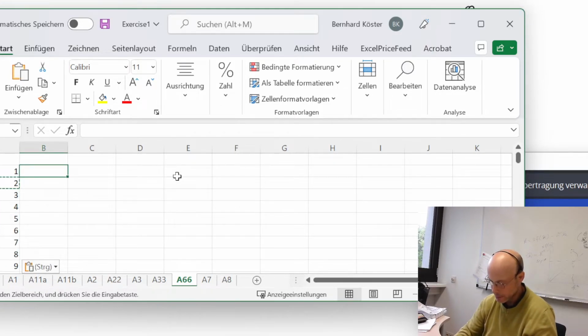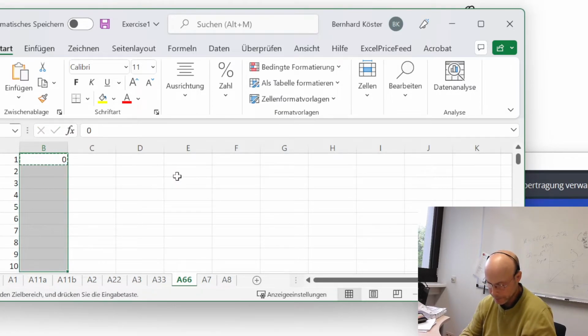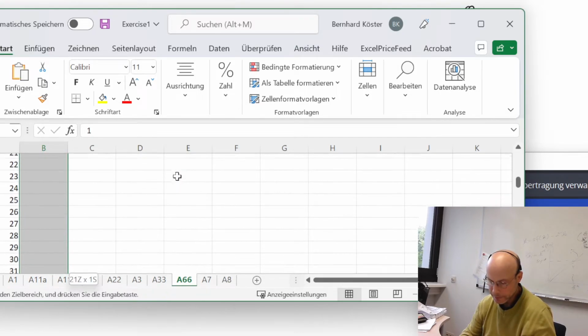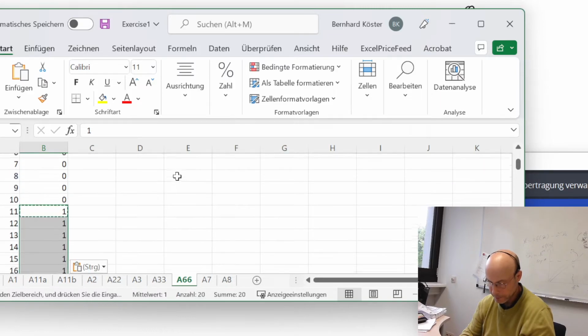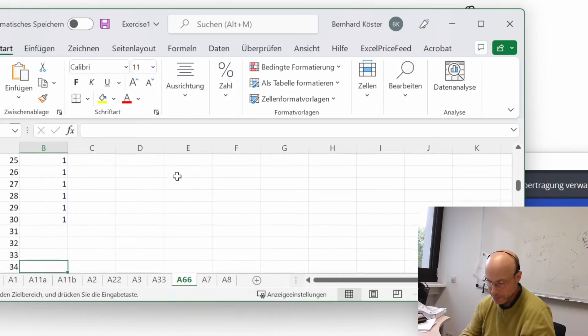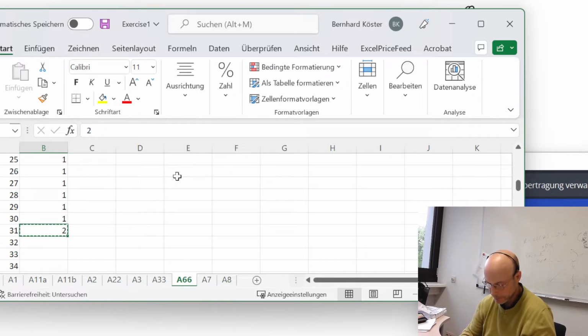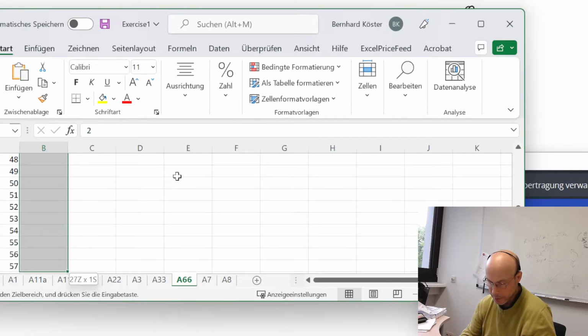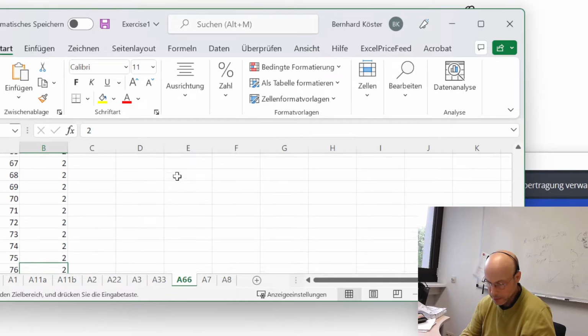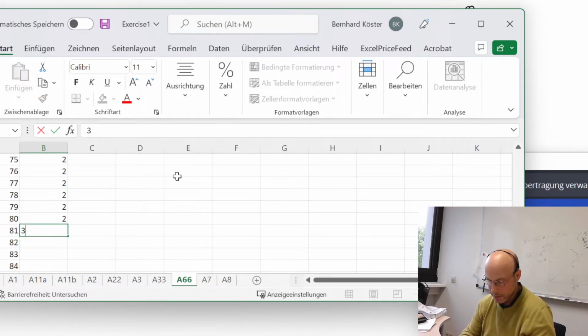Then we have 10 times a 0. We have 20 times a 1. We have 50 times a 2. So up to 80. And the last 20 numbers are a 3.